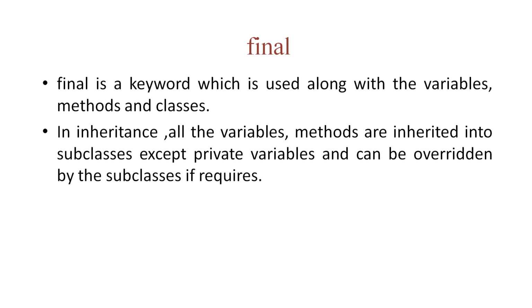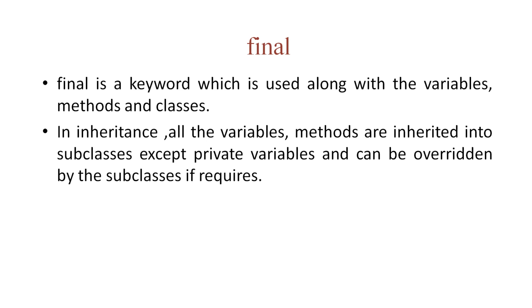Generally, in the inheritance concept, we acquire the properties from the superclass to the subclass, and if you want, we can also override. In certain cases, you may not want to override the methods; just use whatever methods are offered by the superclass. Don't override those methods if you want to give that type of restriction.